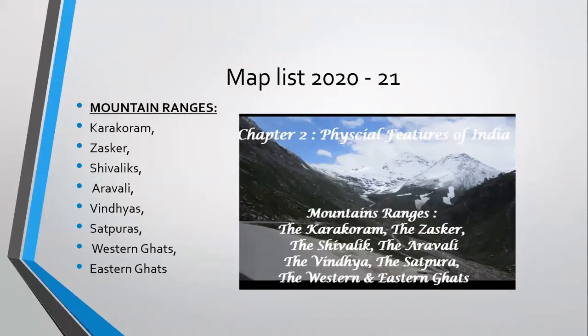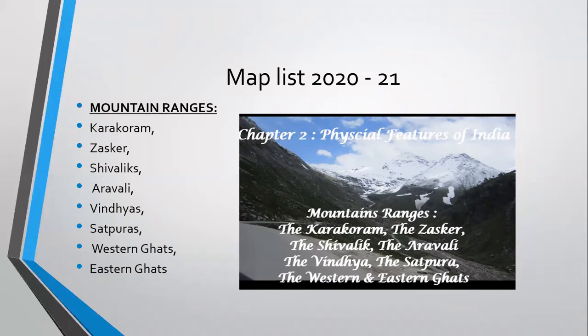This is another map list. You are going to do this also. You're going to mark the mountain ranges, the Karakoram, Zaskar, Shivalik, Aravali Range, Vindhyas, Satpuras, the Western Ghats, and the Eastern Ghats. You're going to mark this on a map also, the third map.